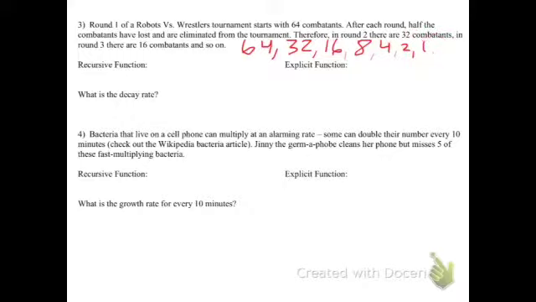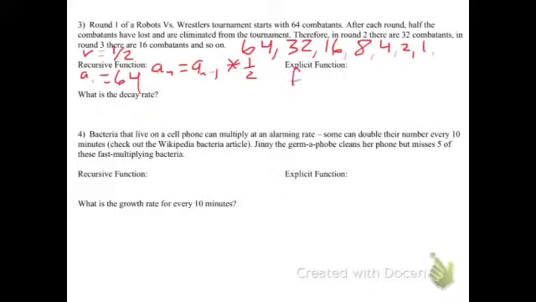Okay, anyway, so here I notice that I'm halving it every time, and so my common ratio is going to be 1/2, and my start value is 64, so I got the 2 pieces of information I need. We got a sub n equals a sub n minus 1 times 1/2, and then a sub 1 is 64, so there's our recursive function.